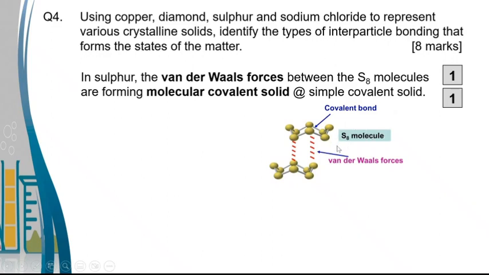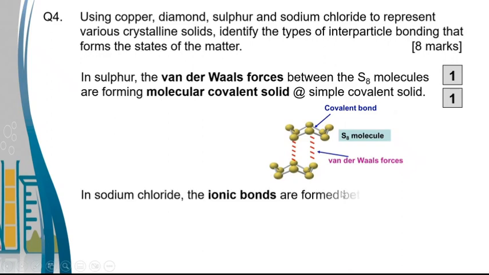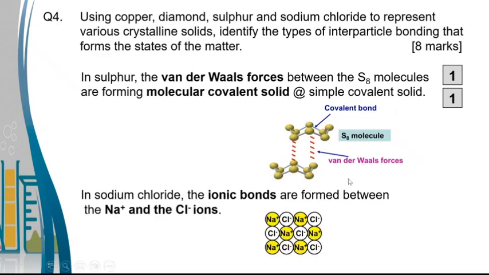Sulfur is made up of 8 sulfur atoms bonded together. Between the atoms, we have covalent bonds. Between the molecules, we have van der Waals forces. As sulfur is a non-polar molecule, the van der Waals forces here are actually dispersion forces or London forces. And the last one, in sodium chloride, the ionic bonds are formed between the sodium ion and the chloride ion.